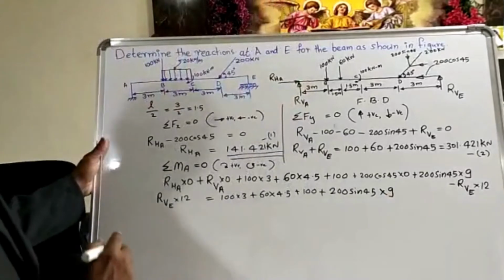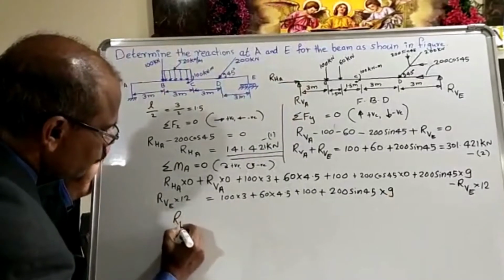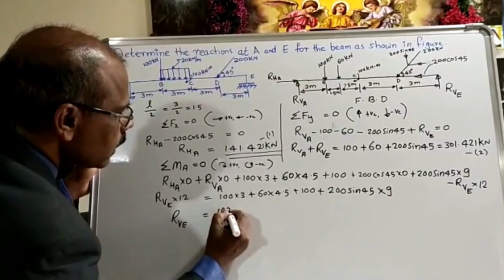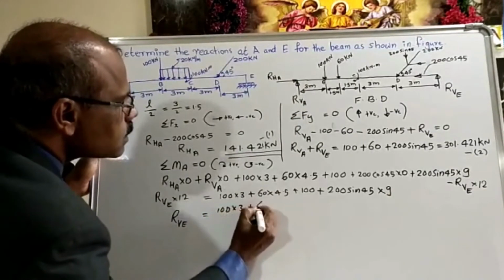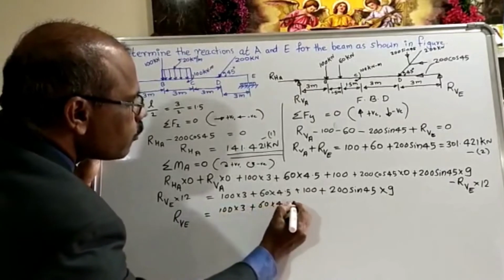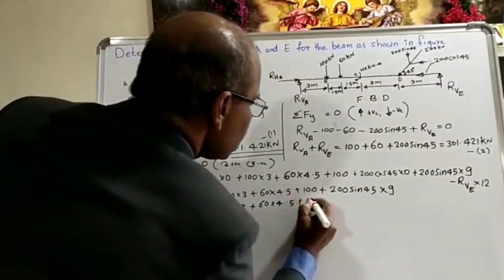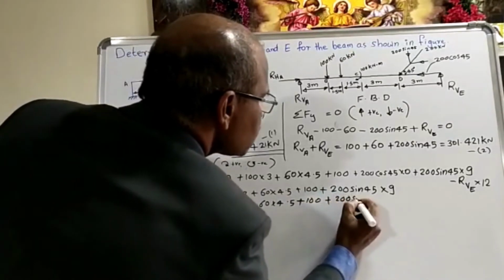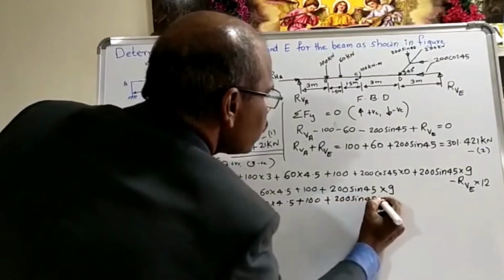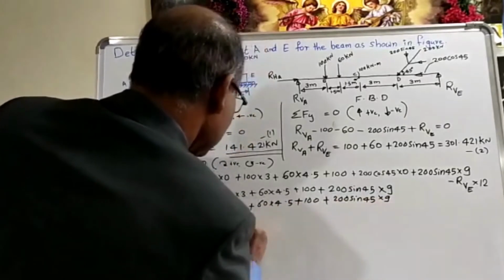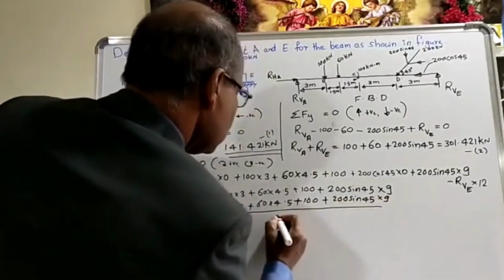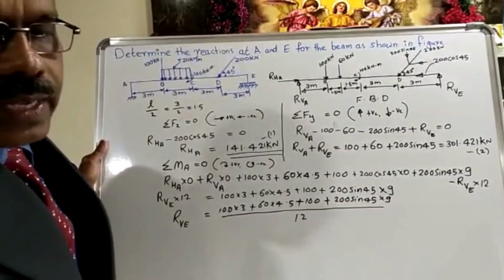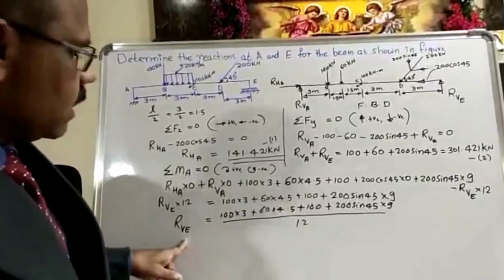Then RVE will be equal to 100 into 3 plus 60 into 4.5 plus 100 plus 200 sin 45 into 9, divided by 12. This will be the value of RVE.